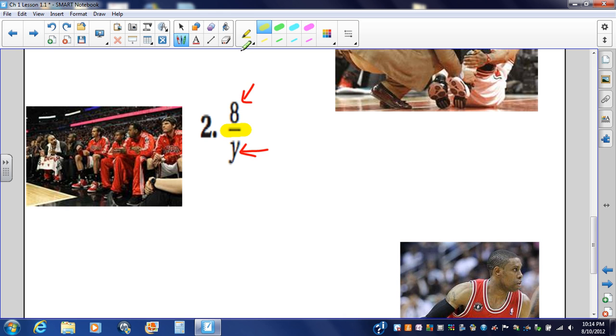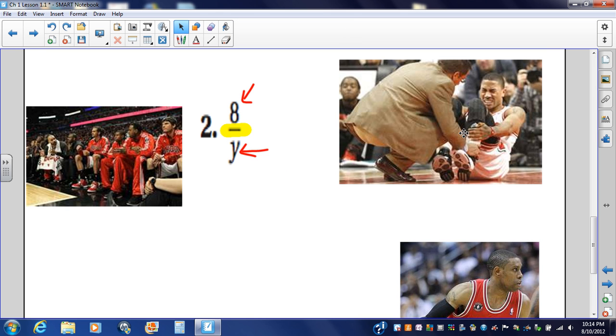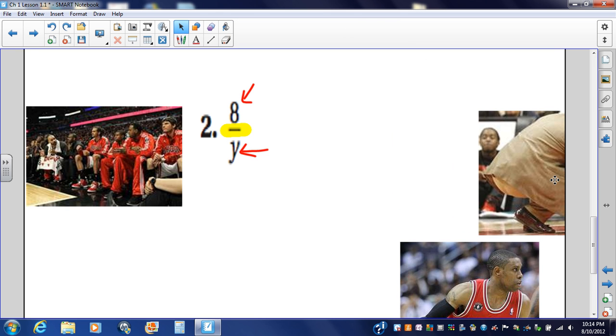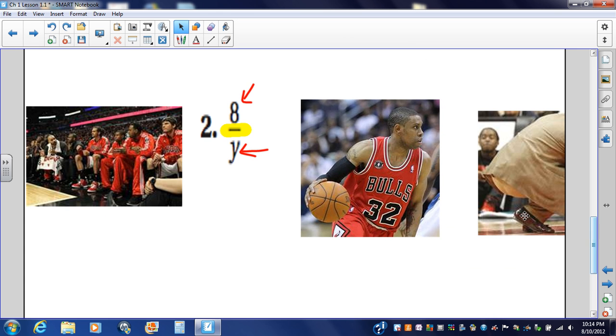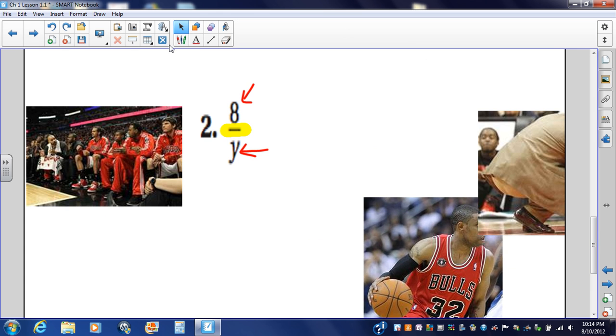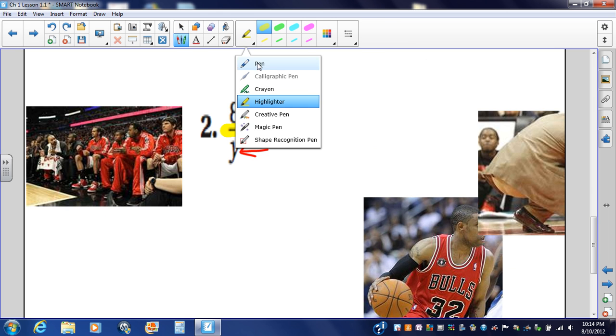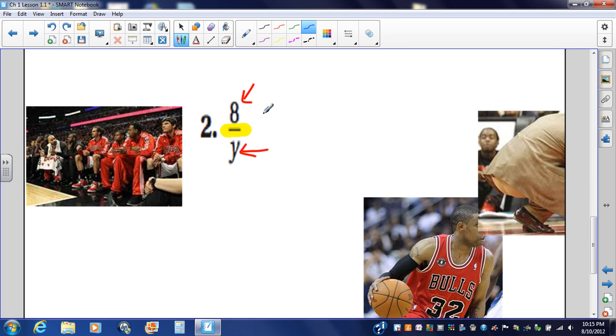So, just like we said before, if a basketball player gets hurt, he has to leave the game and they have to put a substitute in his spot. So let's rewrite the expression. We'll say that this is 8, and we'll do the division the old-fashioned way, divided by the variable y.